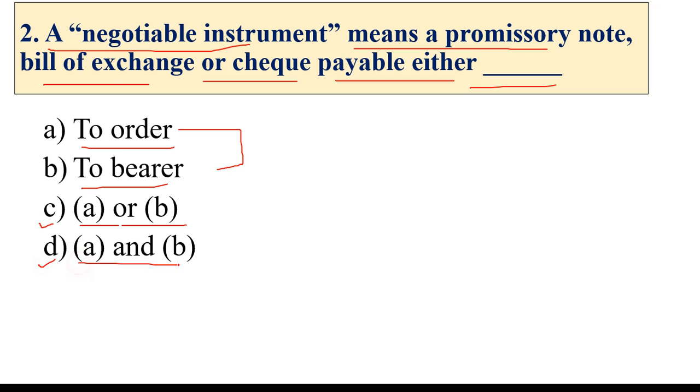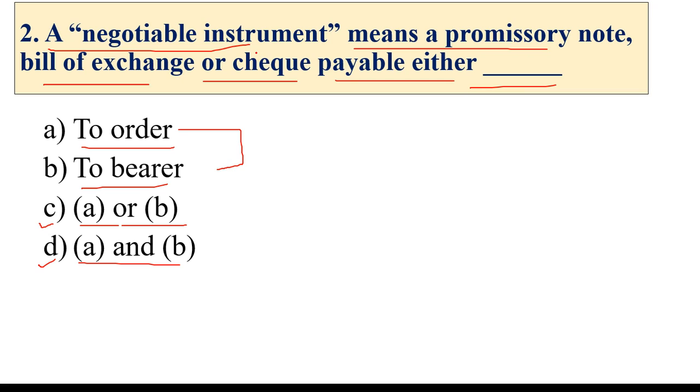Option D, A and B, means to order and to bearer. So the Negotiable Instrument Act has defined it, as per section 13 of the Act, that a negotiable instrument means a promissory note, bill of exchange, or check payable either to order or bearer, or only to order, or only to bearer, or to order and to bearer.